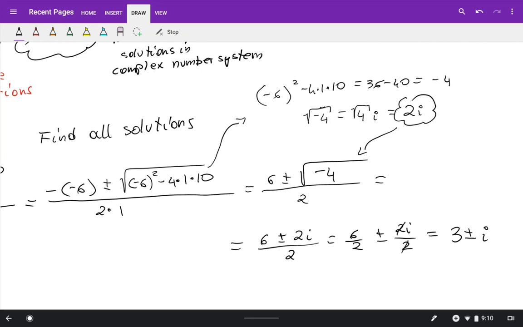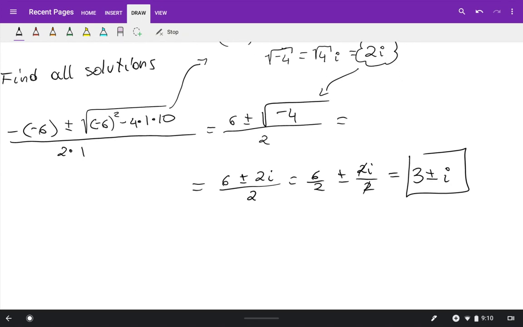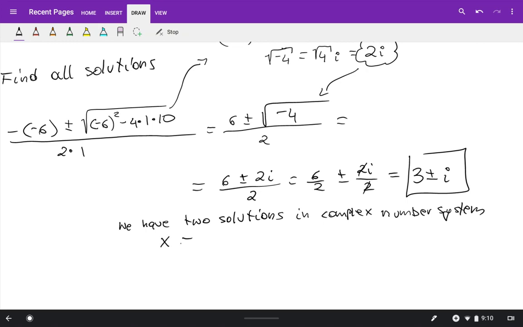Okay, so we have two solutions in the complex number system. And the first one is 3 plus i, and the second one is 3 minus i.